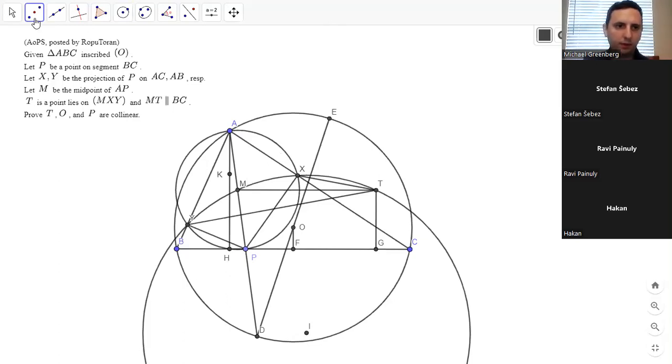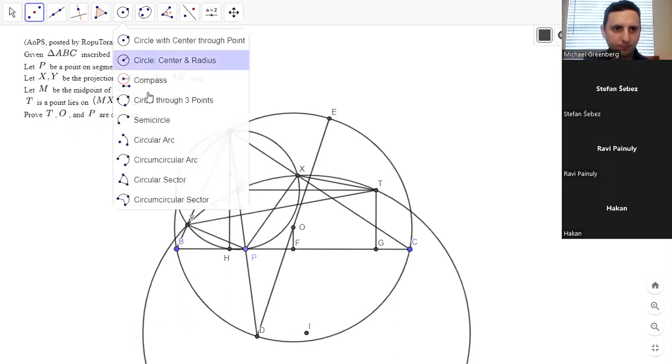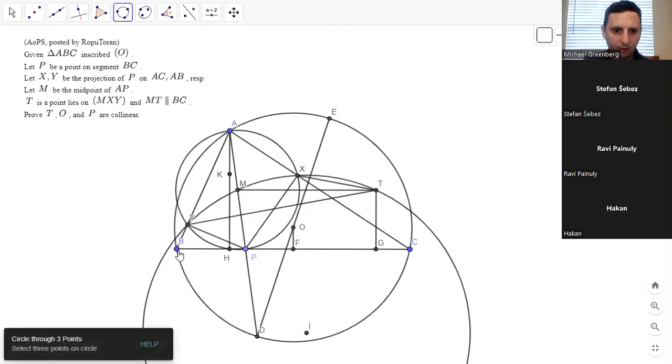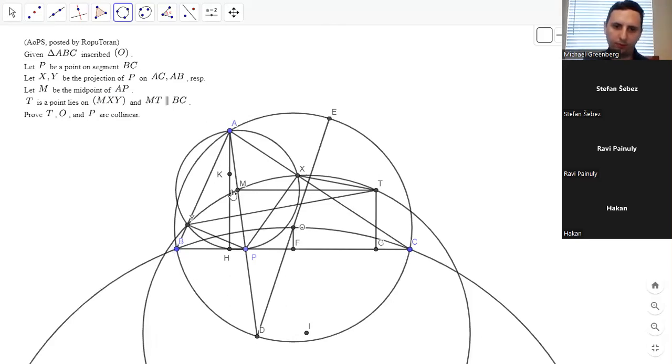So yeah, what if we did that? We try to see BOC, because that circle would correspond to the circumcircle of MXY. And here we're taking the parallel to BC.